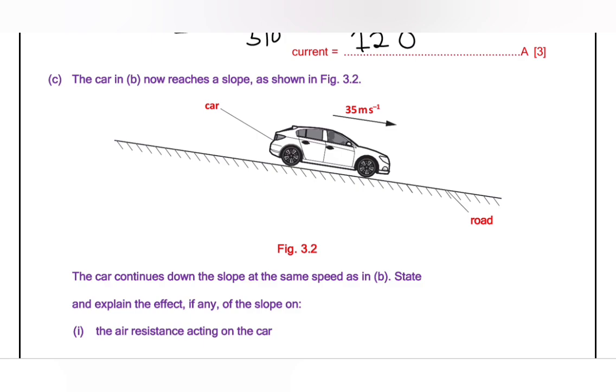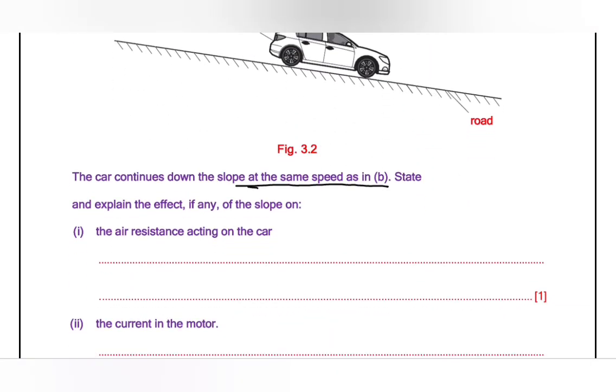The car is now traveling down the slope and continues at the same speed as in B. State and explain the effect, if any, of the slope on the first one, the air resistance acting on the car.